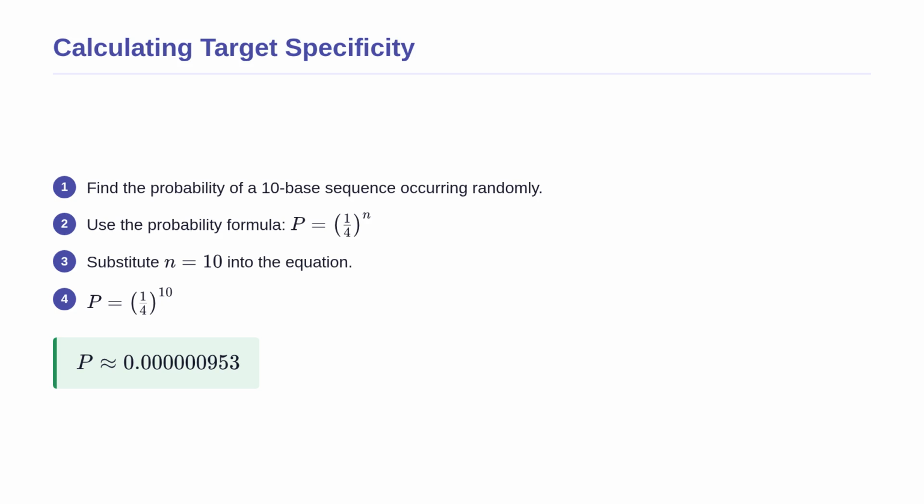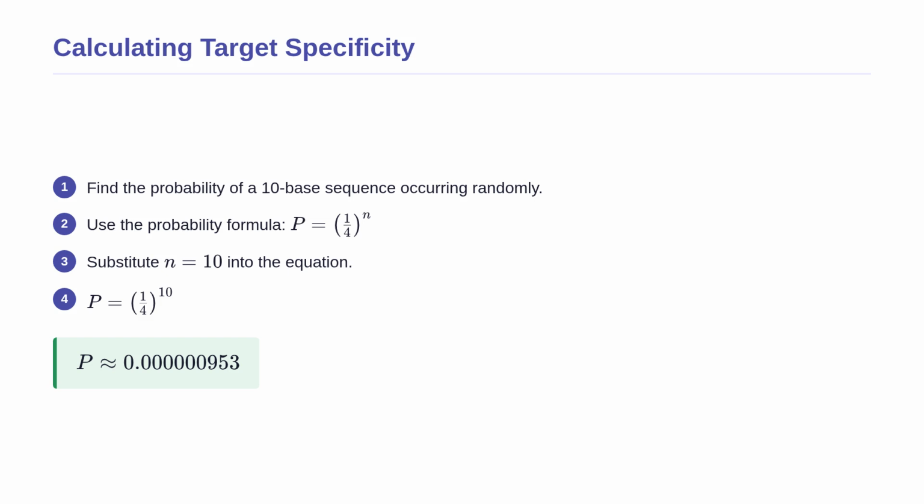Now that we have our formula, let us see this with a concrete example. Suppose we are designing a single TALEN to edit a specific gene, and we want to know if a sequence of 10 base pairs is a safe length. We need to find the probability of this exact 10-base sequence occurring randomly. We start by taking our probability formula and substituting n equals 10, because our TALEN is designed to recognize a 10-base sequence.